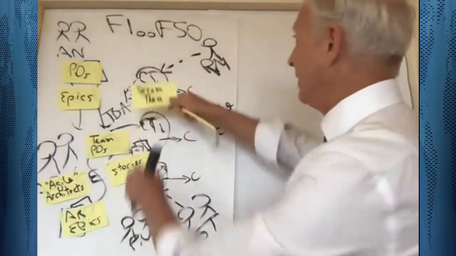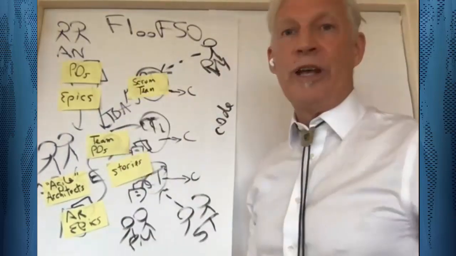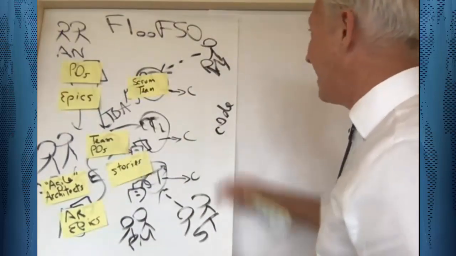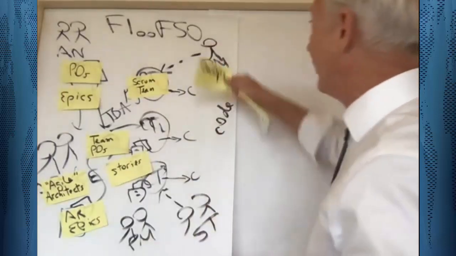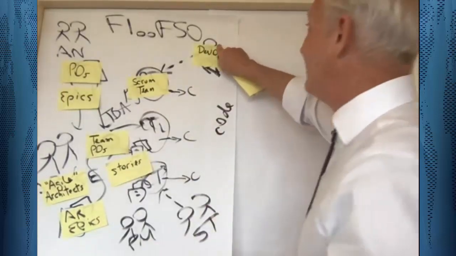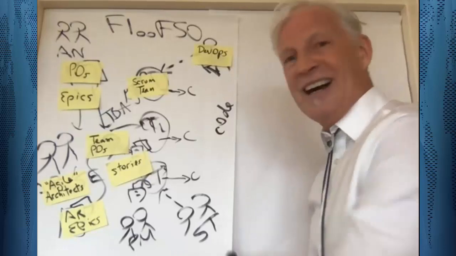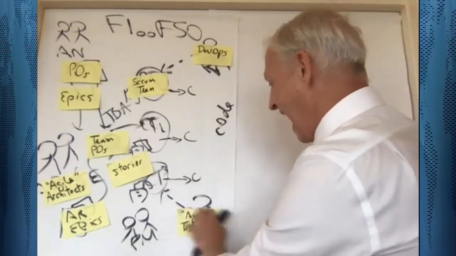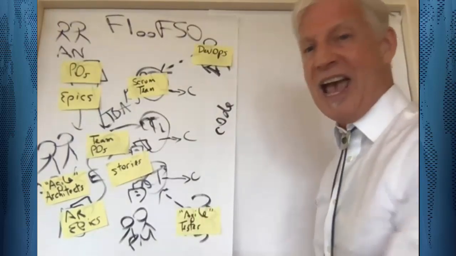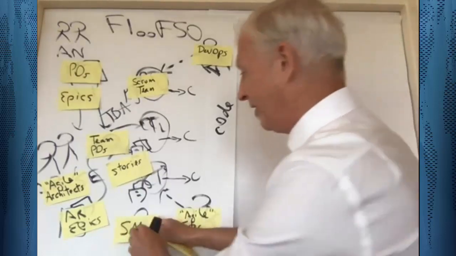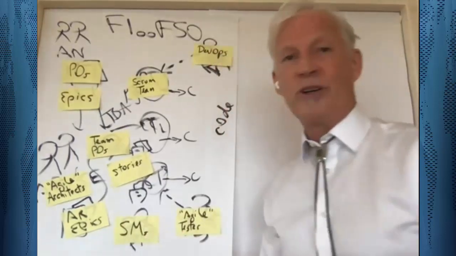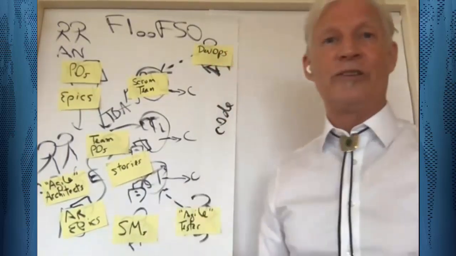and these component teams are now relabeled as Scrum teams. This person here is now called the DevOps group. These are called Agile system testers, and well, we need a new name for these people, and now these people are called Scrum Masters.